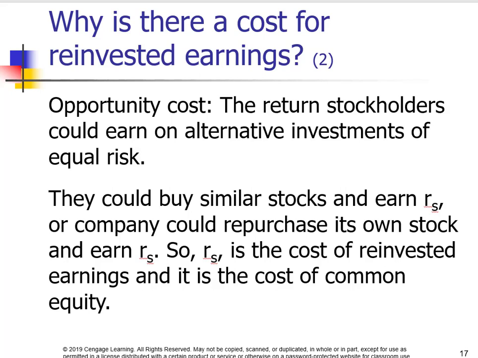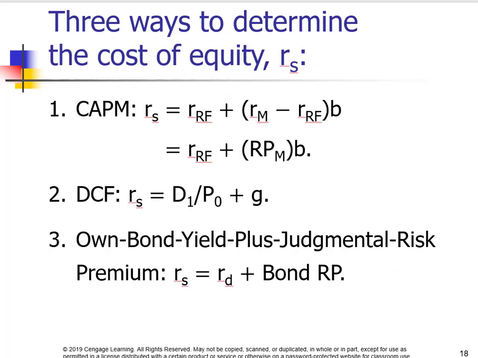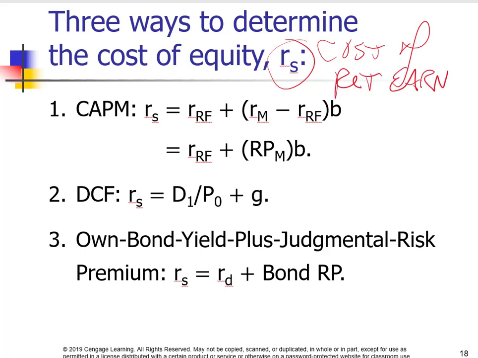That's the return that you would give up for that. So now we need to talk about the three ways to measure what they refer here as the cost of equity. R sub S here is the cost of retained earnings.